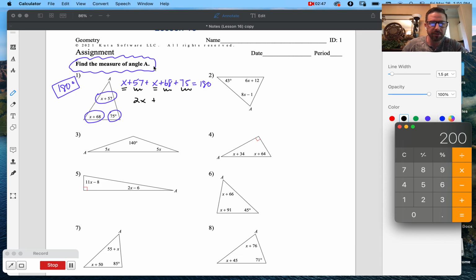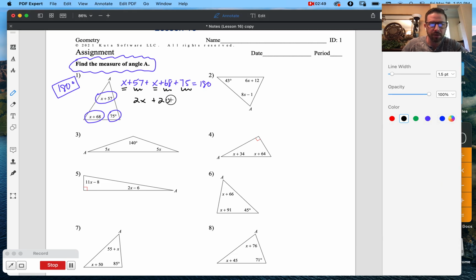So 2x plus 200 equals 180. We subtract 200 from both sides, and we get 2x equals negative 20. Divide by 2, x equals negative 10.